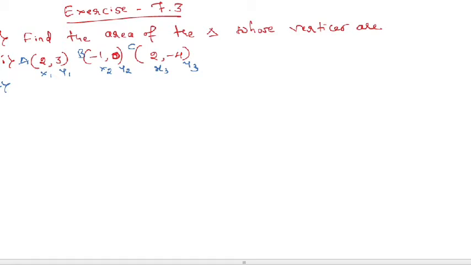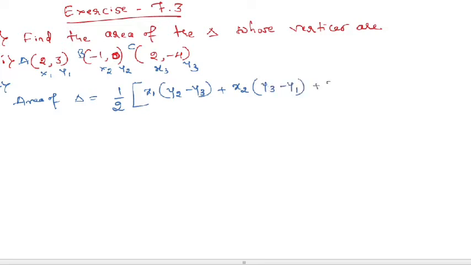For calculating the area of the triangle, the area is equal to half in the bracket x1 (y2 minus y3) plus x2 (y3 minus y1) plus x3 (y1 minus y2). This is the formula.